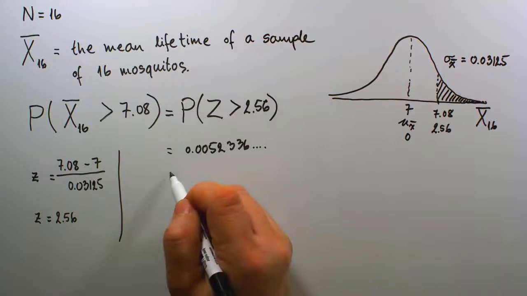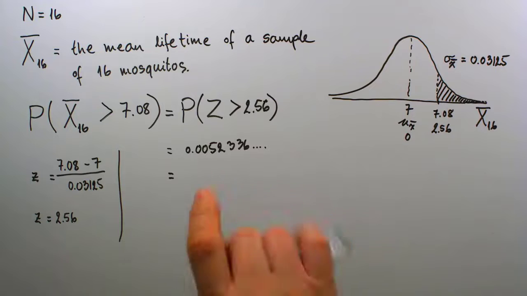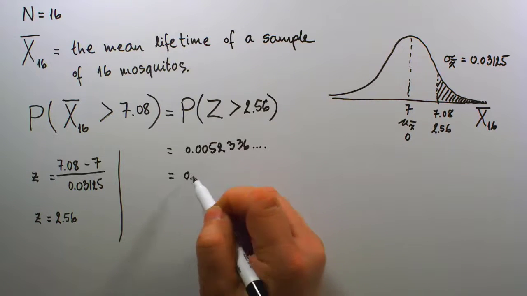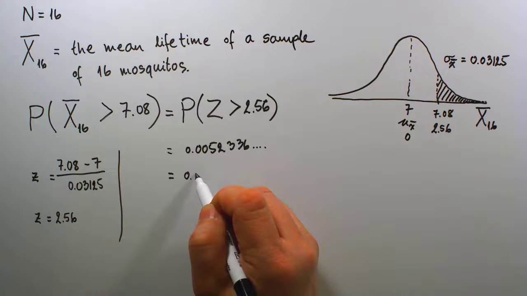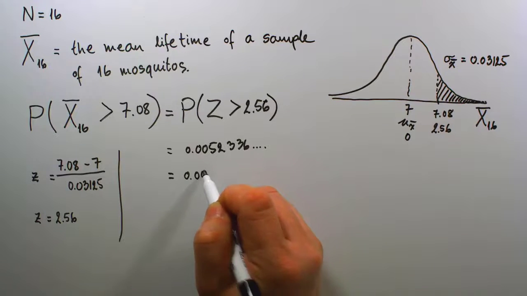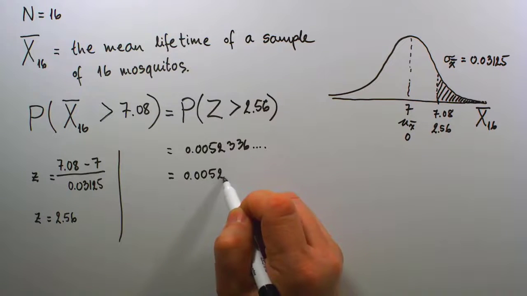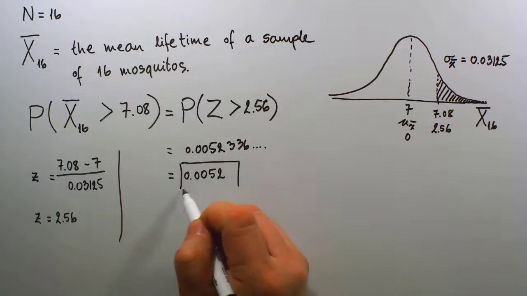But as I have always been saying, unless specified otherwise, I will usually round my answer to 4 decimals. So in this case, I'm looking at 0.0052, and that is my final answer for this problem.